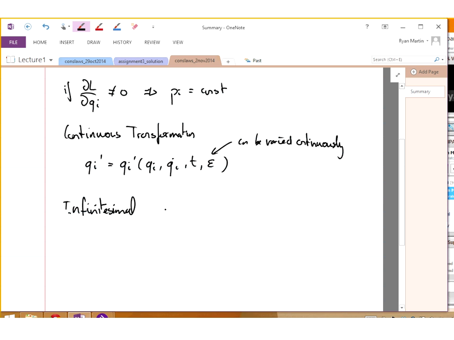For an infinitesimal transformation, we wrote that the Qi primed was equal to the Qi plus the delta Qi, and we chose to write that as Qi plus some function fi of the coordinates times delta epsilon.